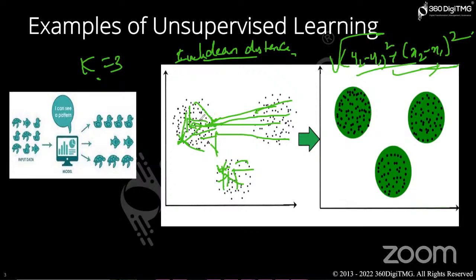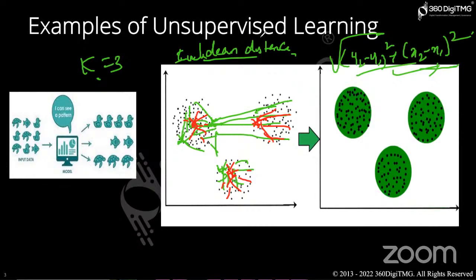Okay. The same clusters will be formed. Again, it will calculate the mean of this. Depending on that mean, it will change its centroid to here. Depending on the means, it will change the centroid to somewhere else. Again, it will calculate the distance.